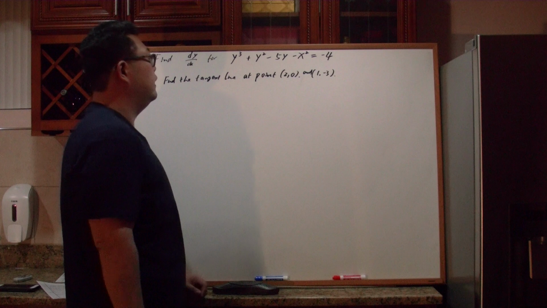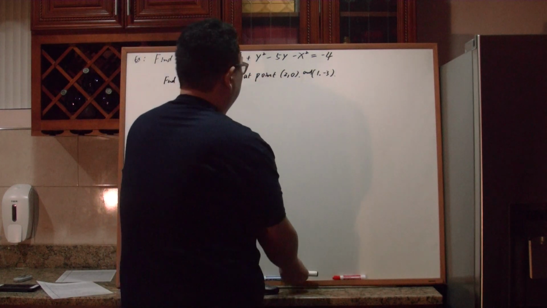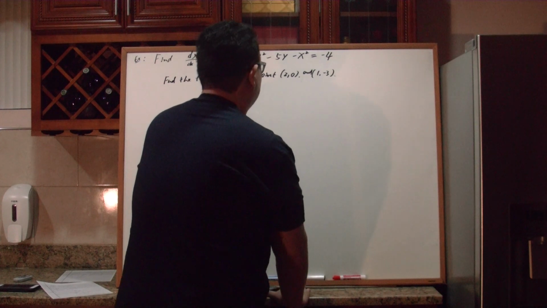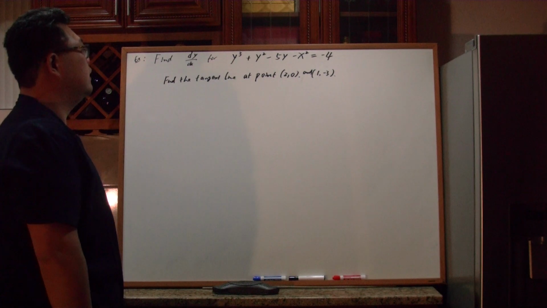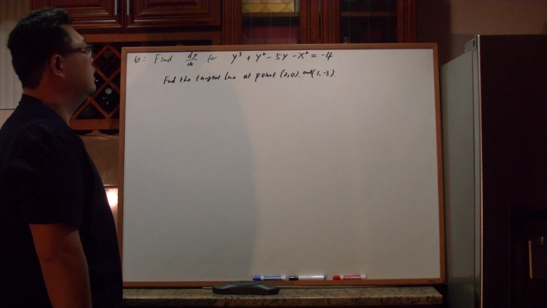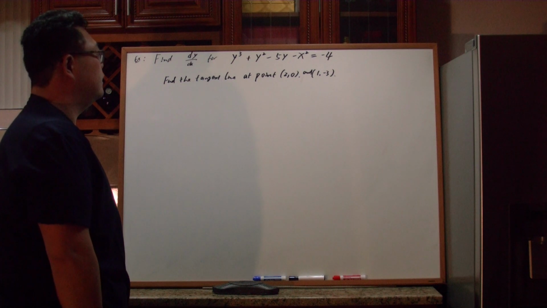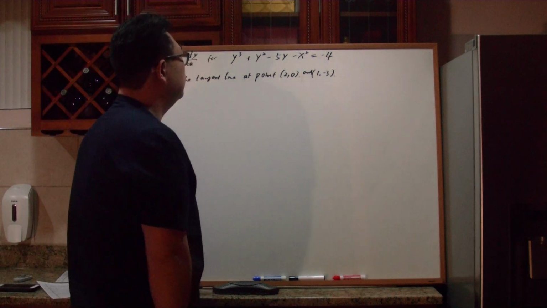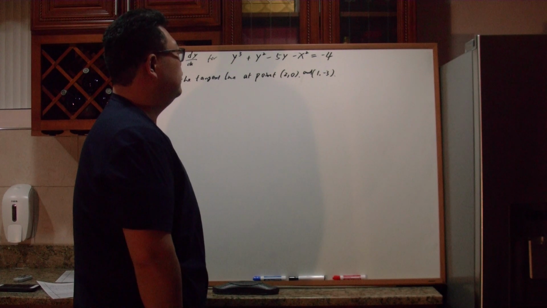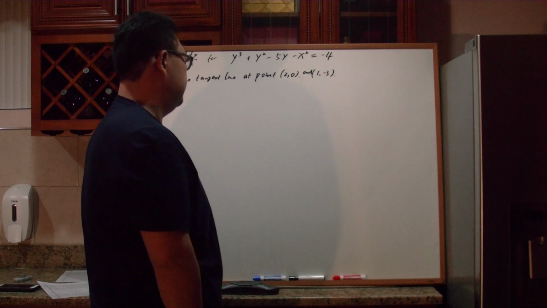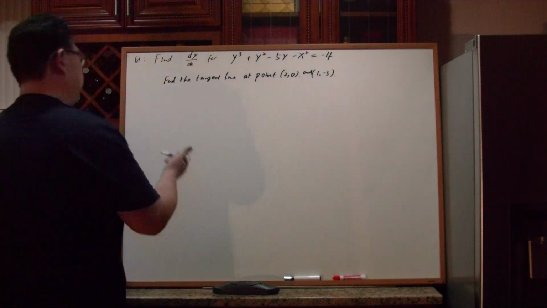If y is -3, we get -27 plus 9 plus 15. 9 plus 15 is 24, and 24 minus 27 is -3, and -3 minus 1 is -4. So both points are on the expression. Then we just find dy/dx in the first step.